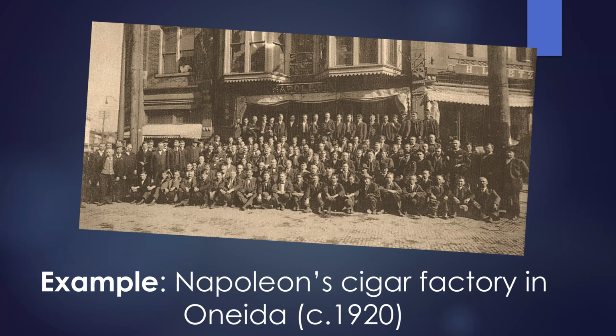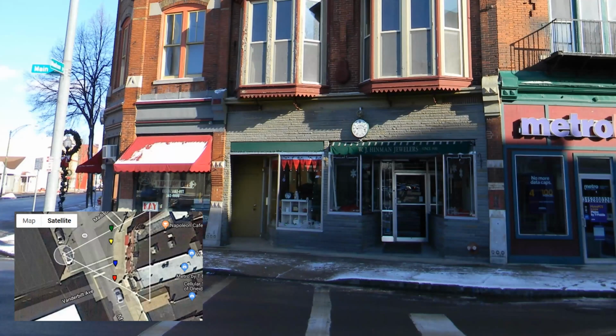The building there is still in place, but you can see at the time it employed a lot of people, and they mass manufactured cigars. This is around the 1920s. And so for this picture, I wanted to try to draw that connection between the past and the people who lived here, who are now long gone, and today, and how the area has changed. And so this is the modern place where that photo was taken.